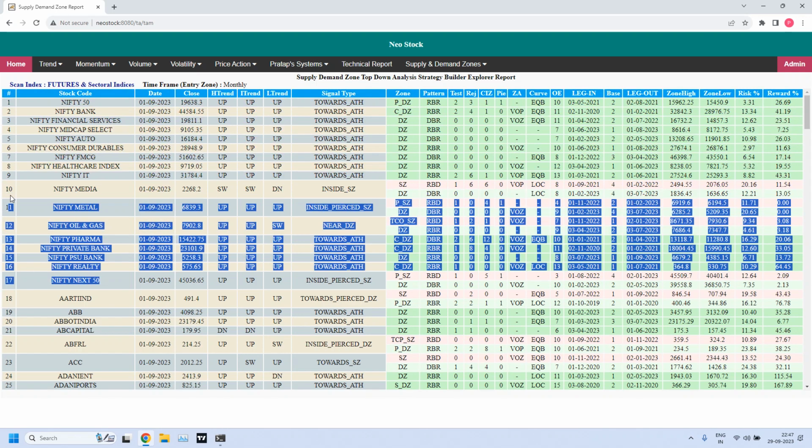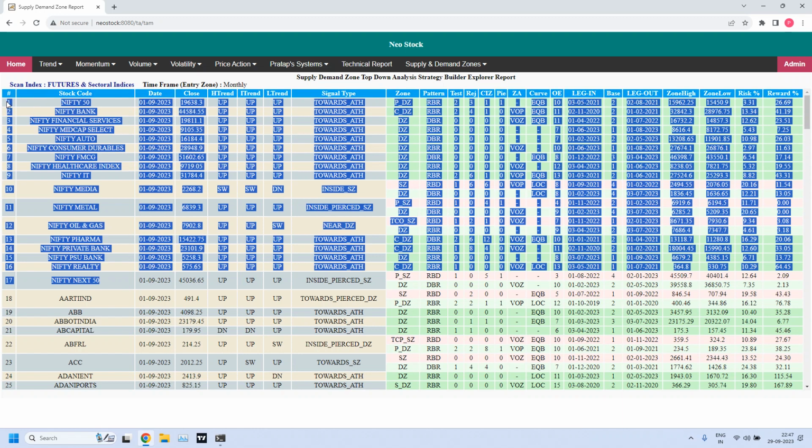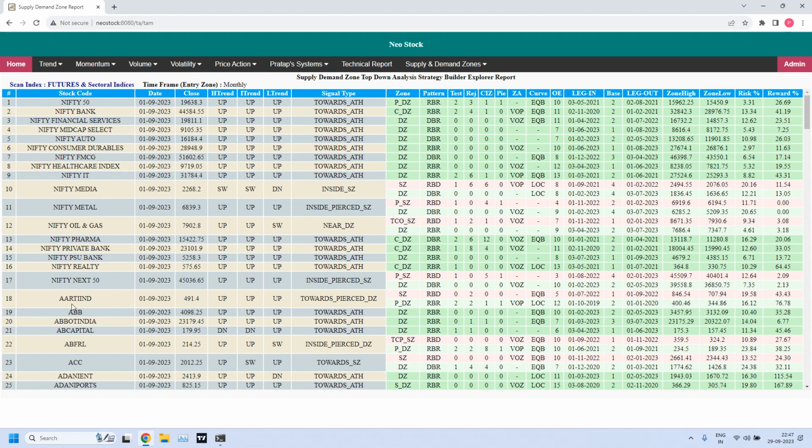The first 17 are related to sectorial indices, 1 to 17. And from 18 till the end, these are all equity stocks listed in the futures segment.